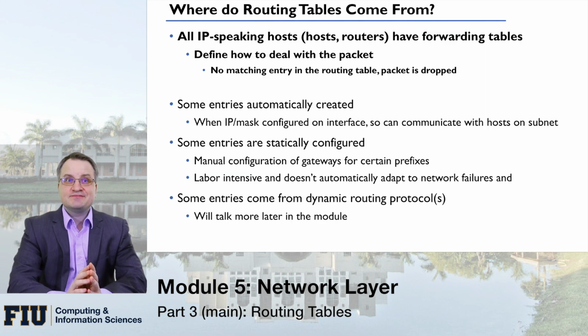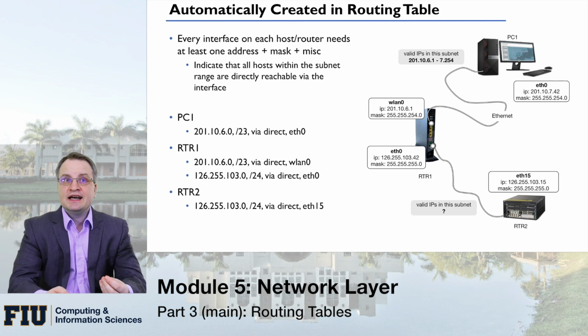Okay, so now talking about how you get the routing table. As I highlighted on this slide, the routing table can come from several sources, so let's go over them one by one. First of all, you will get some of the routing entries automatically.